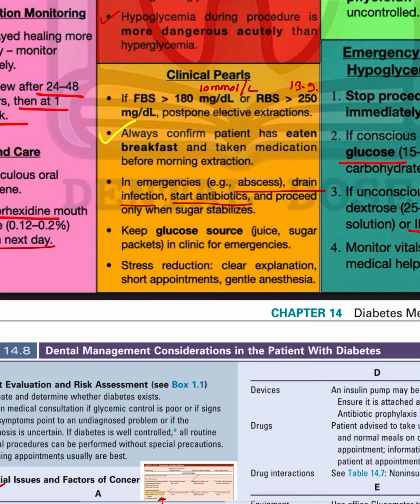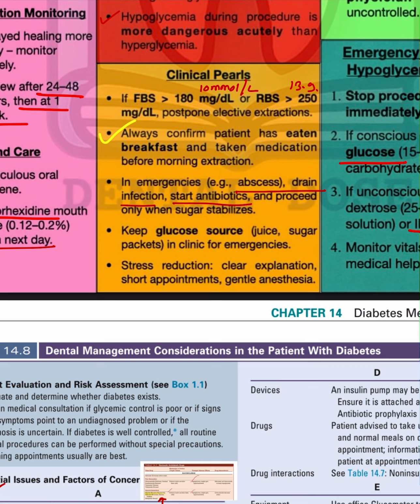If the patient comes and the fasting blood sugar level is very high, that is, greater than 10 millimole per liter, or random blood sugar is greater than 14 millimole per liter, then the elective extraction should be postponed, and consultation can be done with the patient's physician, and necessary arrangements to reduce the blood glucose level can be made, and then the extraction can be done.